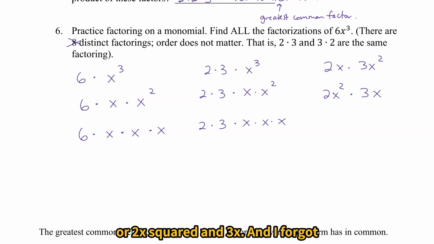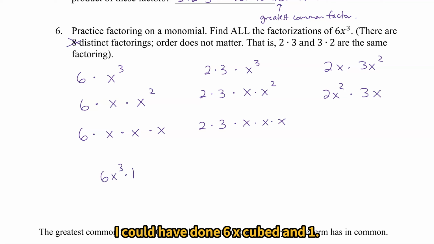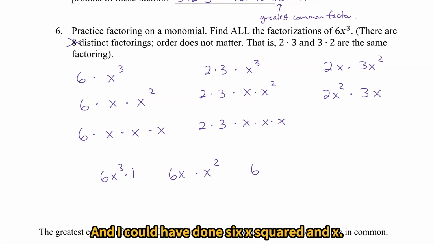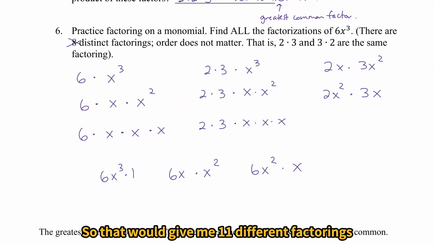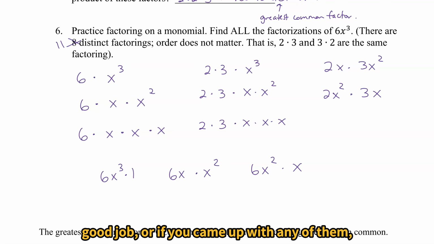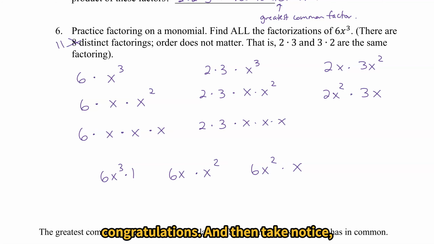And I forgot, I could have done 6x cubed and 1. I could have done 6x and x squared, and I could have done 6x squared and x. So that would give me 11 different factorings. But if you came up with the first 8, good job. Or if you came up with any of them, congratulations.